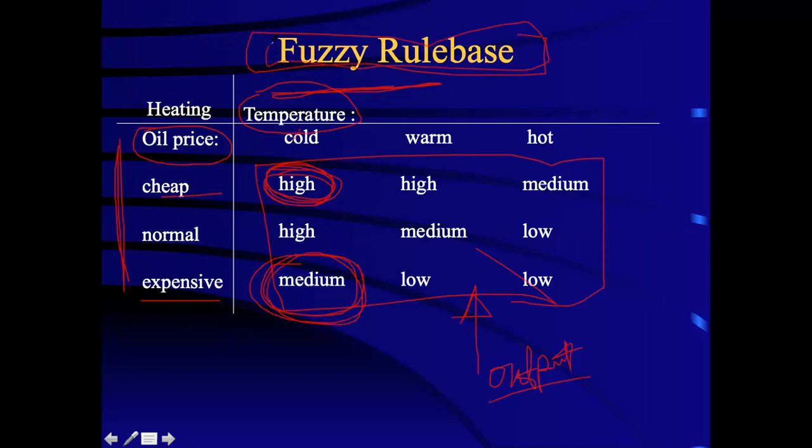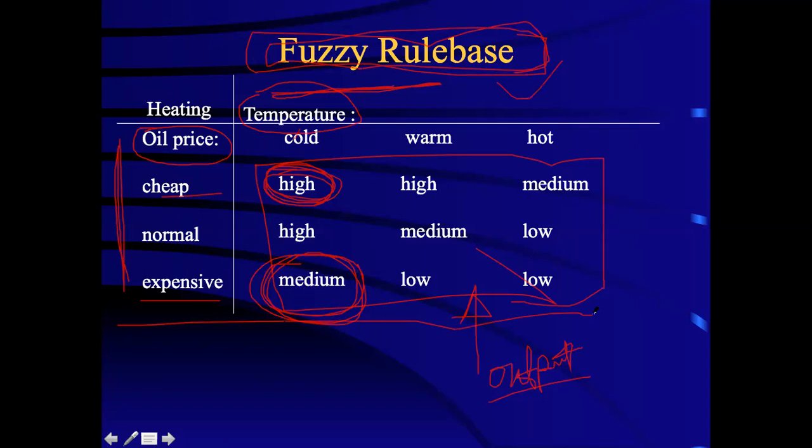So this is primarily the rule base associated with fuzzy logic. With these rules you have to do inferencing. So let's say if someone says that right now oil prices are $25 and temperature is 21 degrees, then what should the heating levels be?